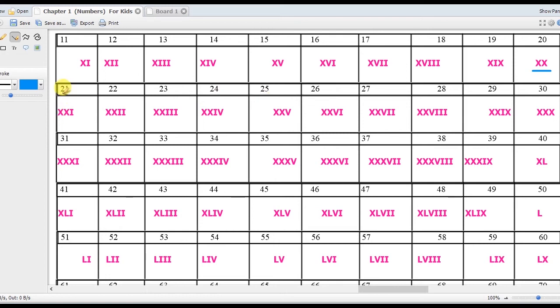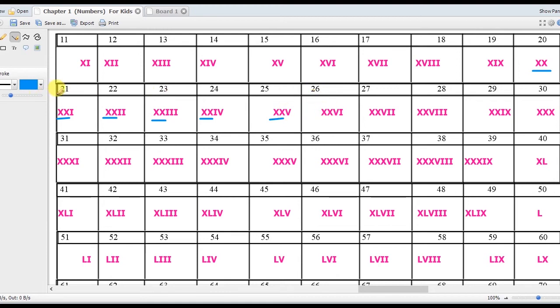So that is basically a sum of 20 plus 1. 20 plus 1 is 21. So for 20 it is XX. So for 21, 22, 23, 24, 25, we are adding basically a part of 20 here, which is XX, XX, XX, and so on, right? Okay, and then we have 26.